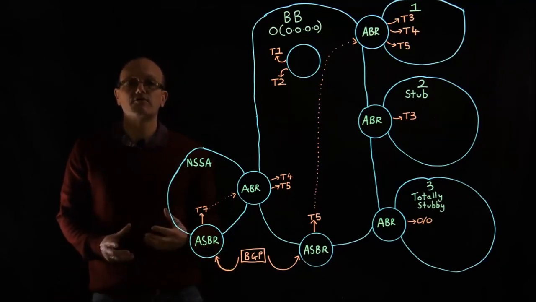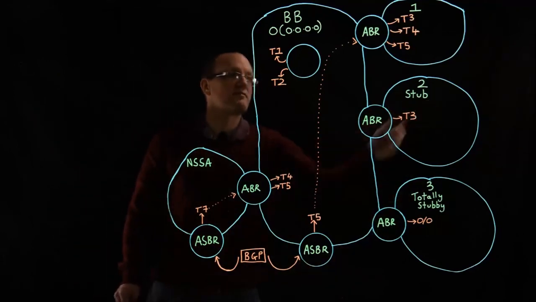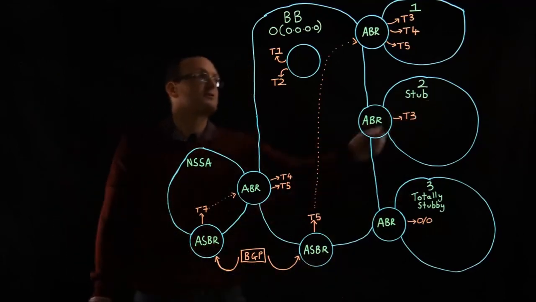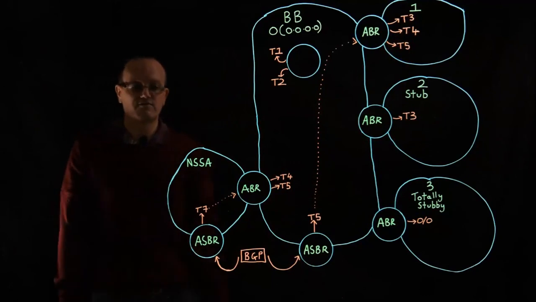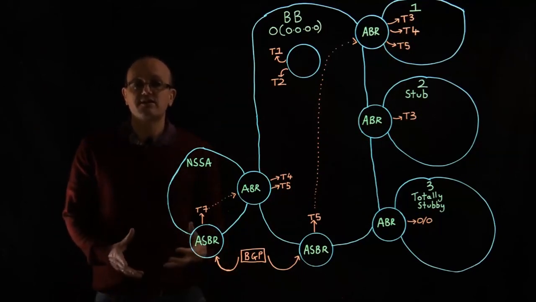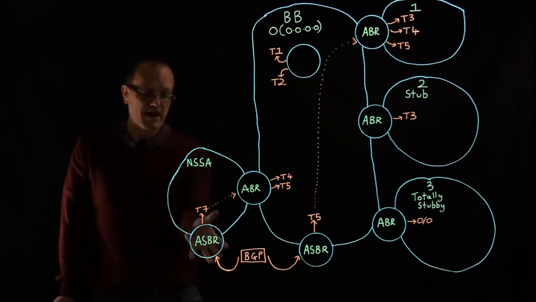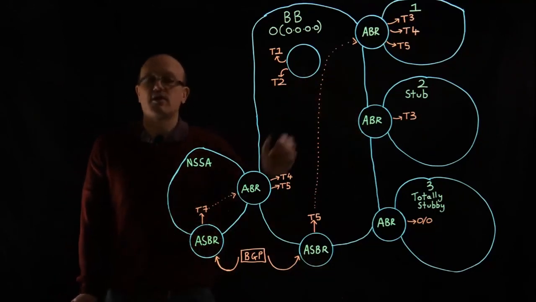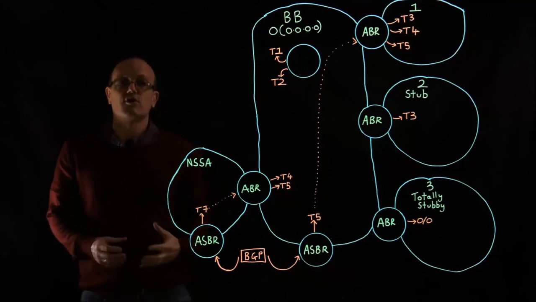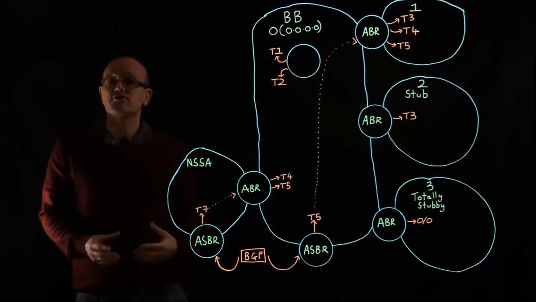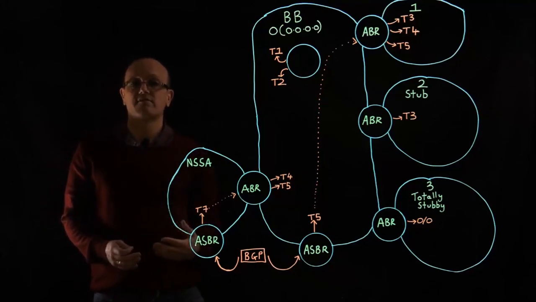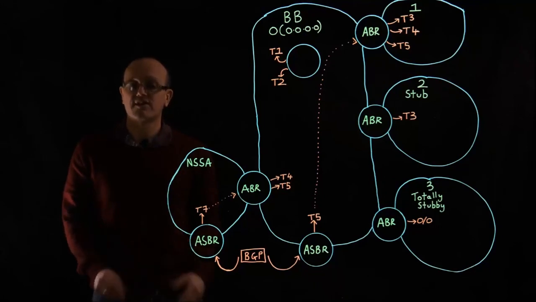So if we were to approach it much like a stub area, we'd be filtering type 4 and type 5 routes. And we need to be using type 5 routes to carry information from our ASBR to the rest of the OSPF network. So just deploying it as a stub area alone is going to break functionality.